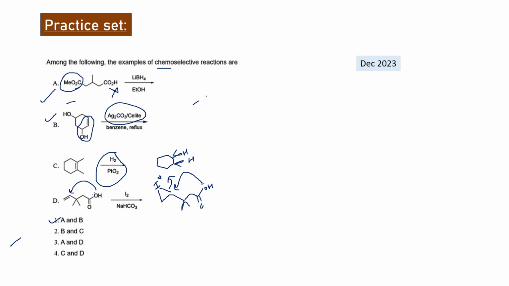In this case, it will specifically react with the allylic alcohol and undergo oxidation to form this ketone, and the normal alcohol will be intact. Whereas in this case, this ester group will be reduced specifically to give us the alcohol. So this is our product. The correct options will be A and B.